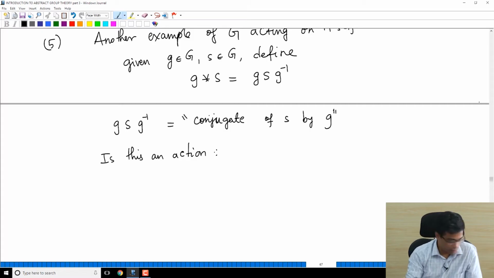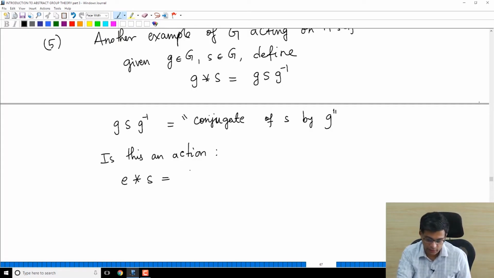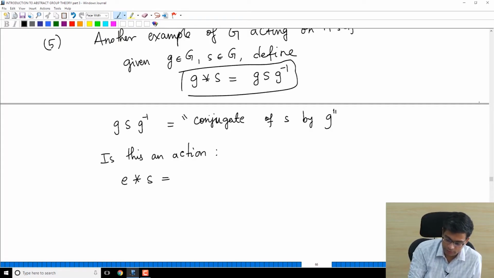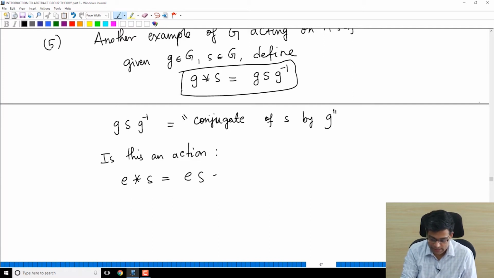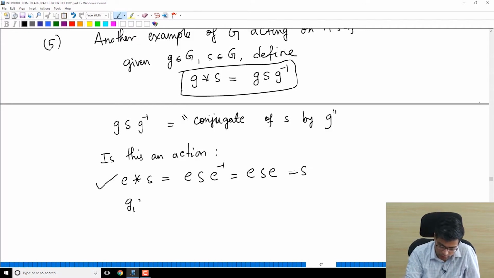So you have e star s. What is e star s? By definition, the action is defined to be e s e inverse, which is e s e, which is s. So that's okay. What about g1 g2 star s?